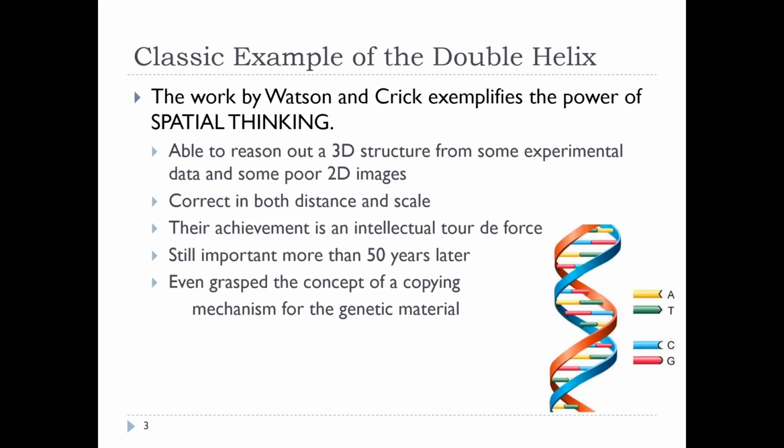Obviously we're so far past that at this point, but if they had never done this, you need these fundamental breakthroughs to actually begin learning more and more about things. What's really cool is they were able to reason out this 3D structure of DNA from some fairly poor experimental data and some 2D images that were quite blurry. You can really look into this, and it's really interesting.